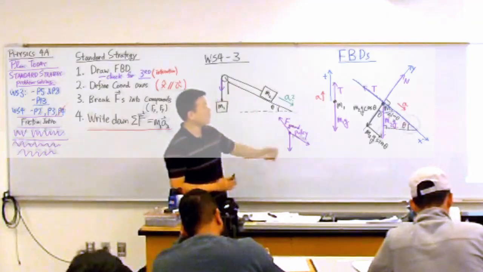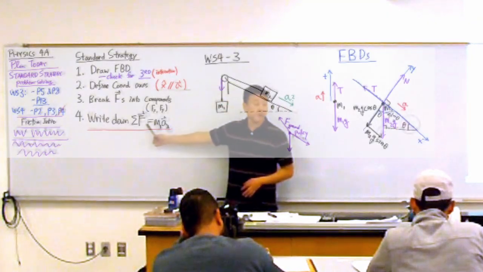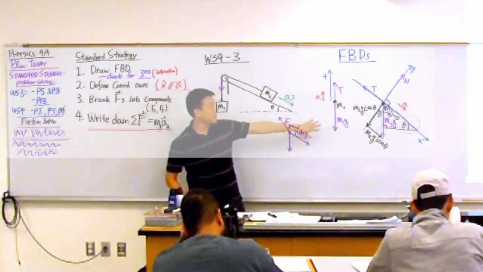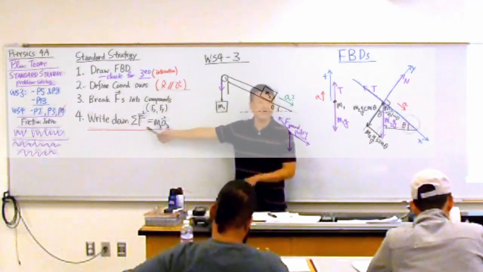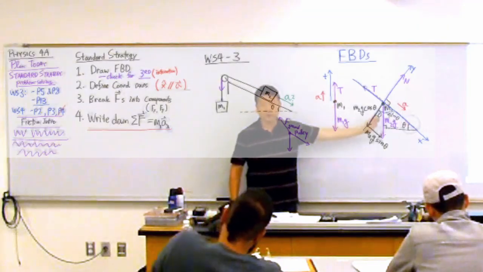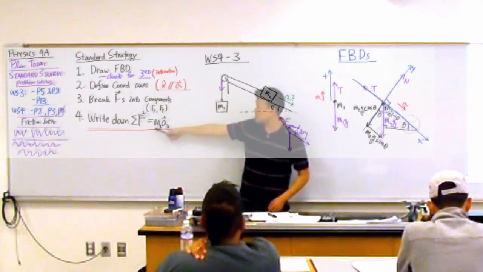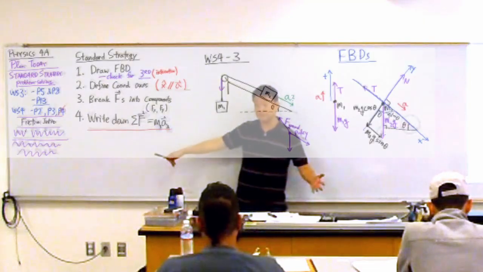I have broken all the forces into components. Now I'm finally ready to do step number 4. And everything that we have done is to let us get to step number 4 easily, quickly, just by copying information from the free body diagram into equations. If you've done everything correctly here, this should be an easy mechanical step.